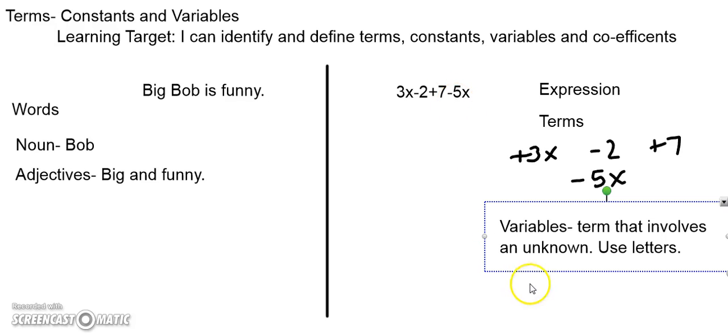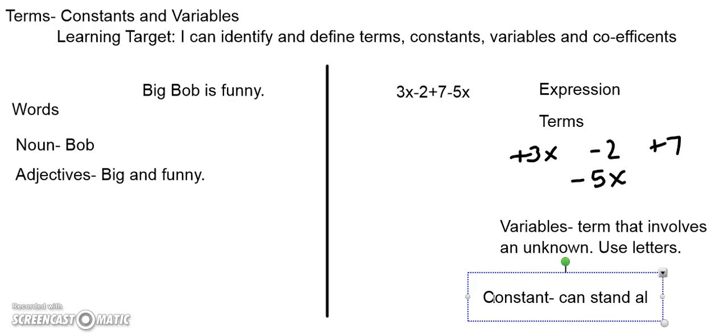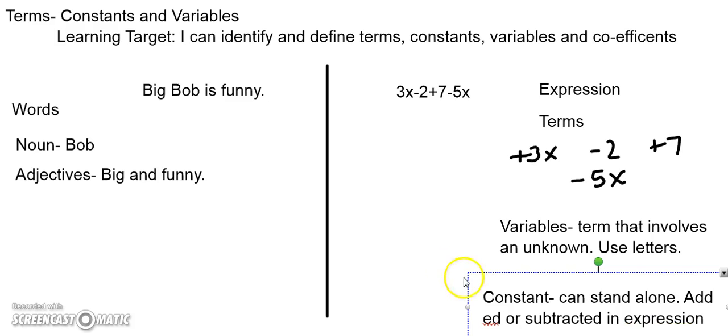Okay, there's another type of term. It's called a constant. A constant is any number that can stand alone. It's typically added or subtracted in the expression. So let's go ahead. I'm going to use color in order to describe this.